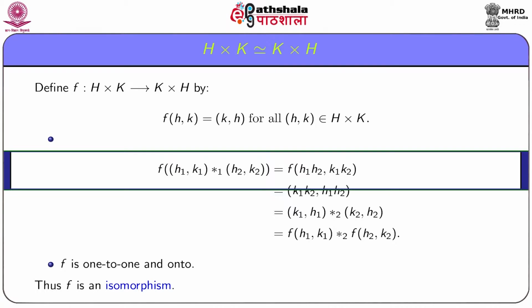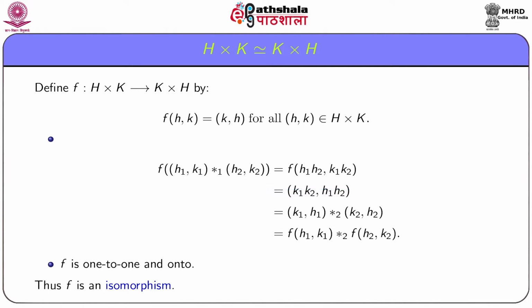So, f((h1, k1) star 1 (h2, k2)) is equal to f(h1h2, k1k2), which is equal to (k1k2, h1h2). If we consider the product over K cross H, we get (k1, h1) star 2 (k2, h2), and hence this is equal to f(h1, k1) star 2 f(h2, k2).